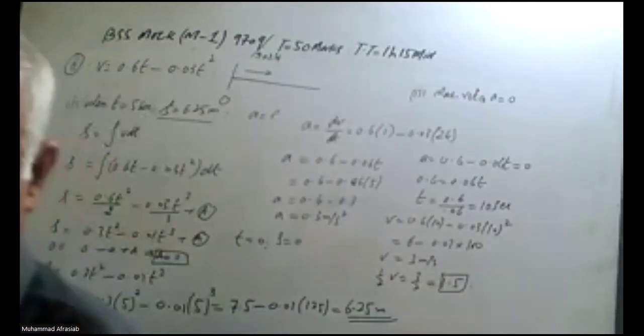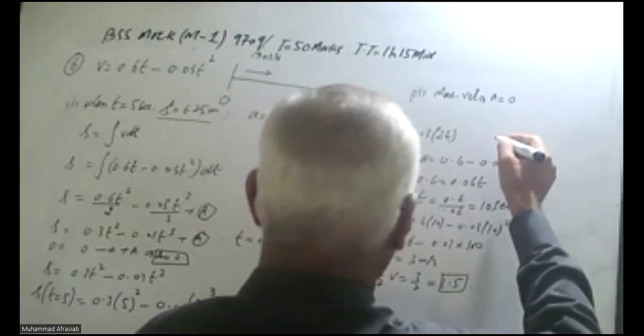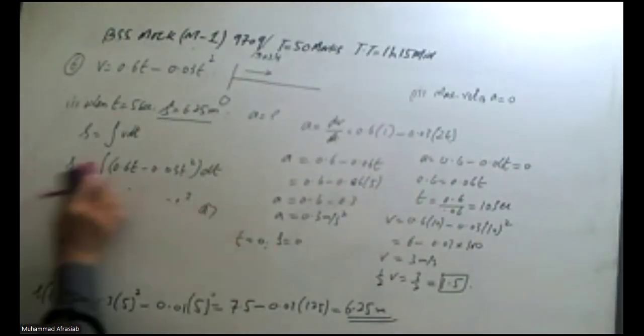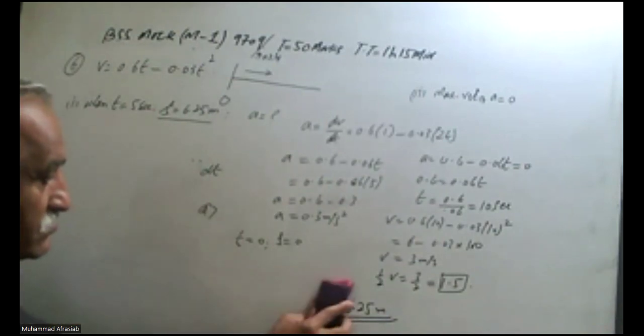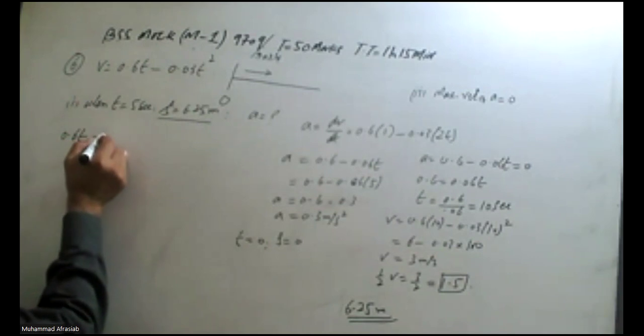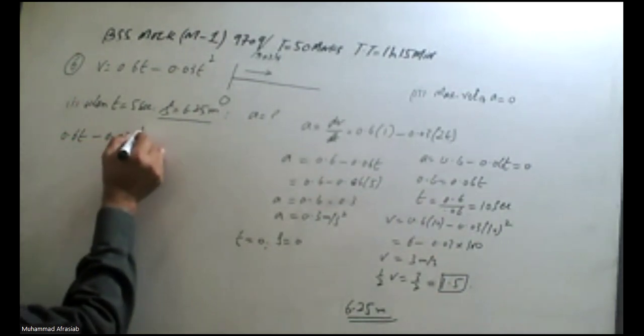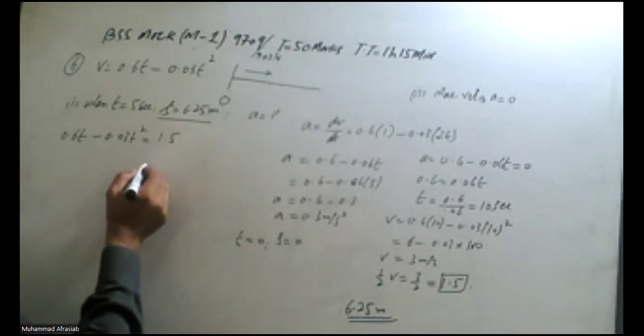Since velocity is 0.6t - 0.03t², and that is equal to half of the maximum, that is 1.5.